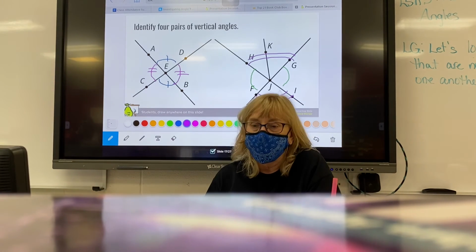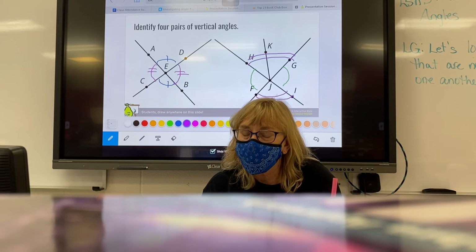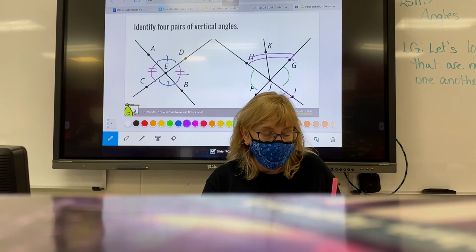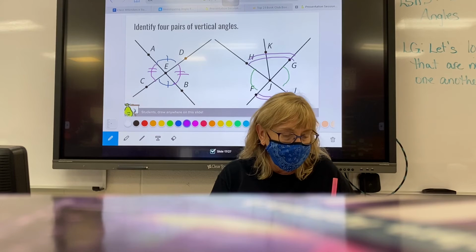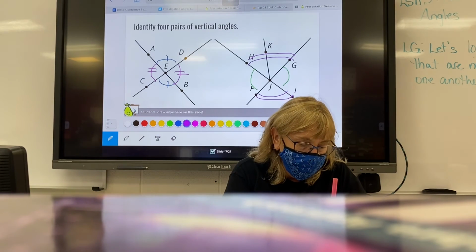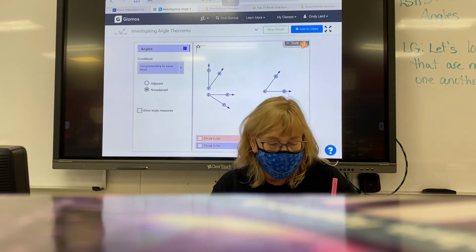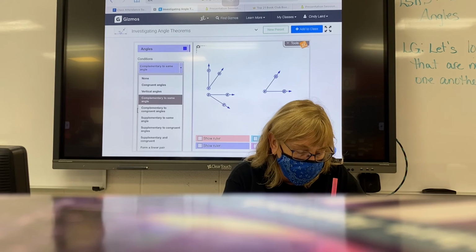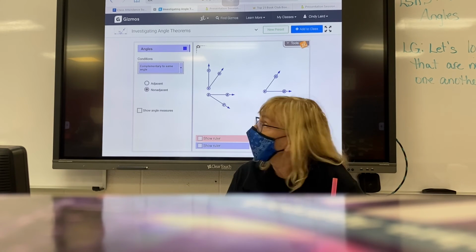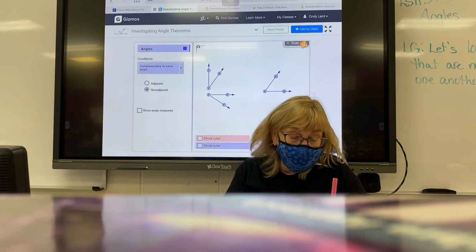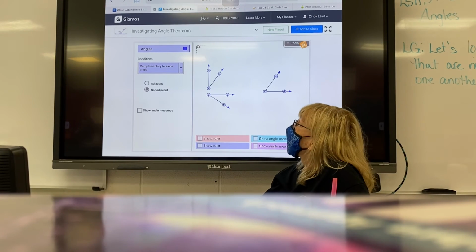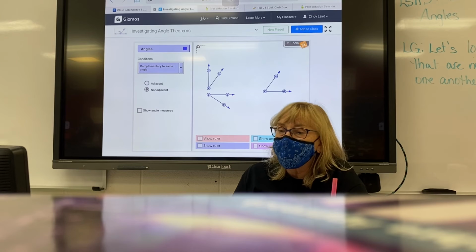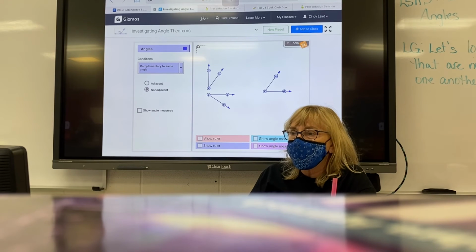All right, now we're gonna do Gizmos, and I'm actually gonna do it on the screen so you can watch it, because we had difficulty in the other class trying to do it, because some of you aren't signed in. All right, so we're gonna start out with complementary angles that are not adjacent. What do we know about complementary angles?